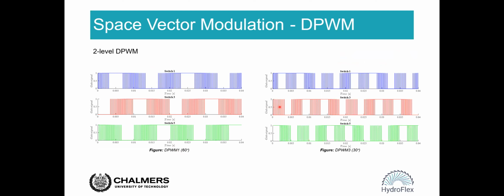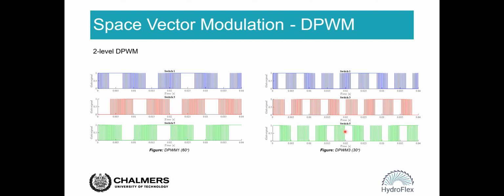And if we change the sequence of the switching, then we can get another DPWM method, which is called DPWM3, and we can see that each phase is clamped to the positive DC rail and negative DC rail just for 30 degrees, and it will alternate inside one fundamental switching period.